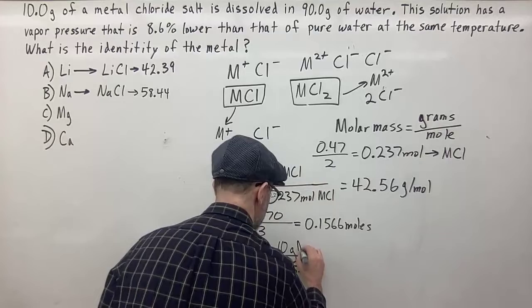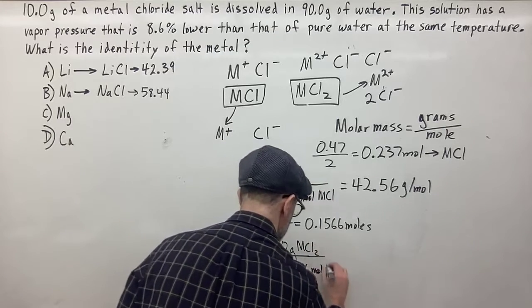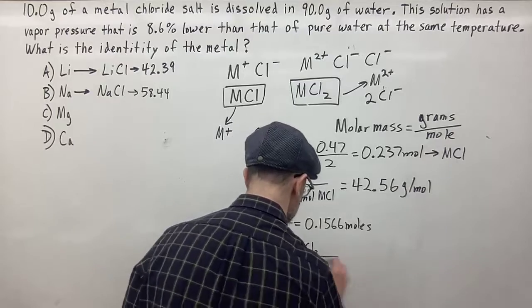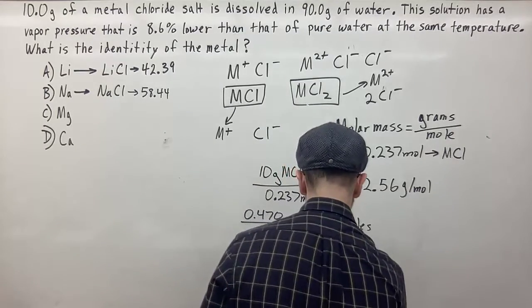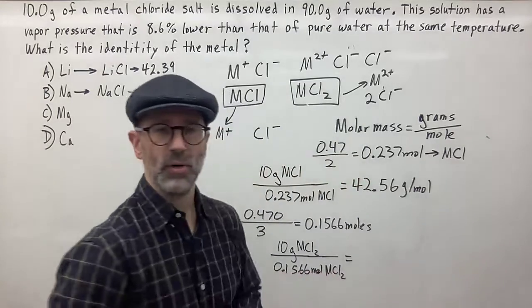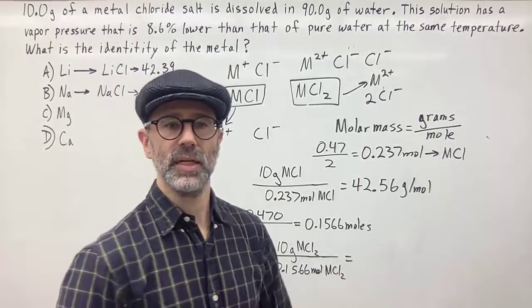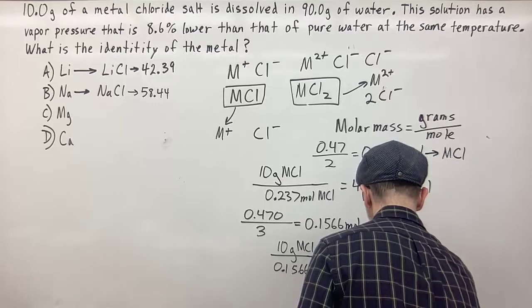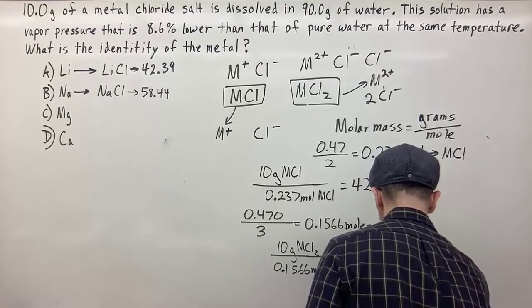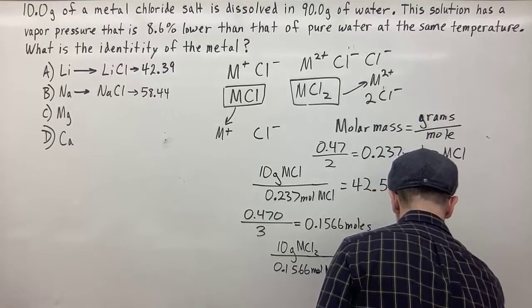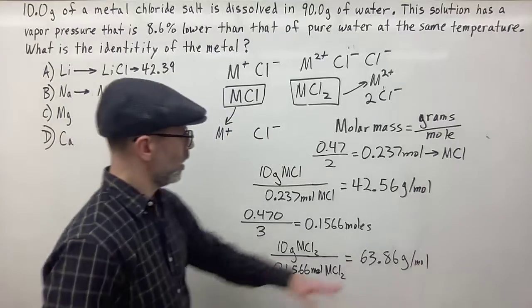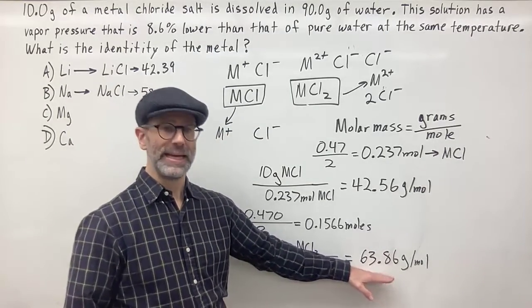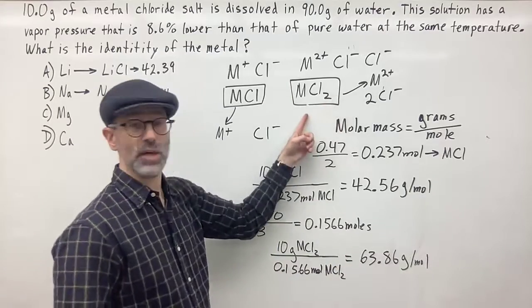And so we're talking about MCl2, and this is MCl2. Okay? And so when we divide that, we get 63.86 grams per mole.